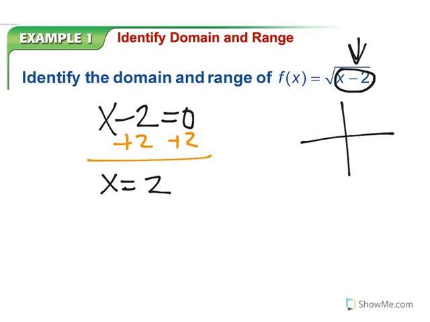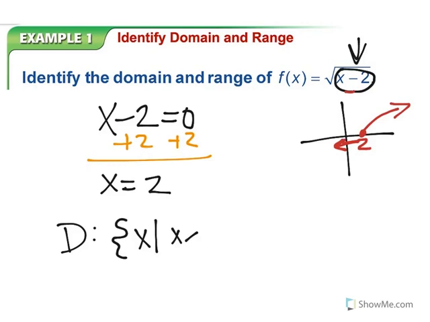And what that means is that our function actually looks like this on our graph. And if we went anywhere to the left of 2, it would give me a negative under my square root, and that's not what we want. So the domain, curly brackets, x such that x is greater than or equal to 2.